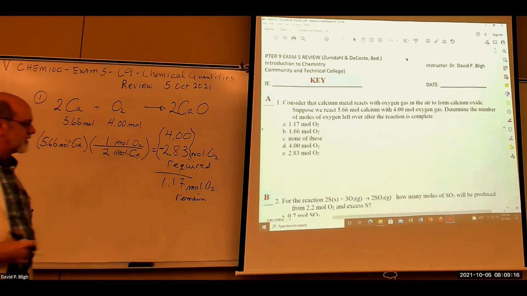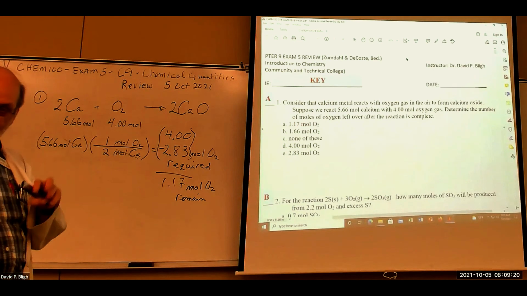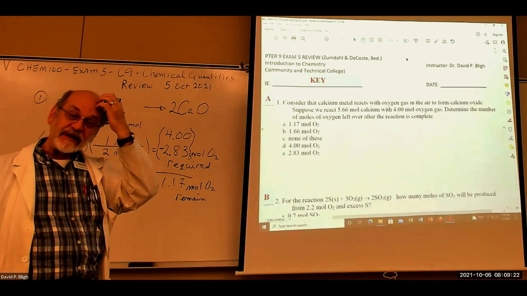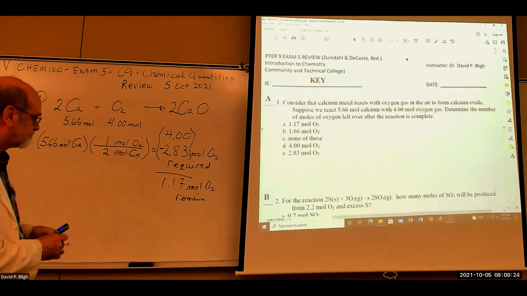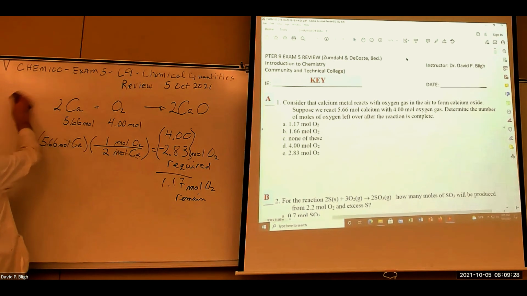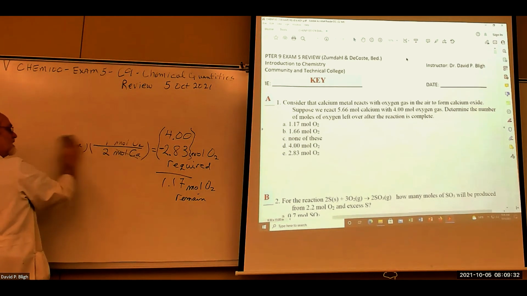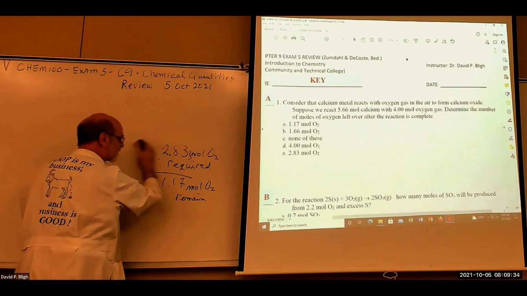That's how much remains. 1.17 moles of oxygen remain after this reaction is complete. All right. That wasn't as bad as I thought it was going to be. We just have to step through it methodically.